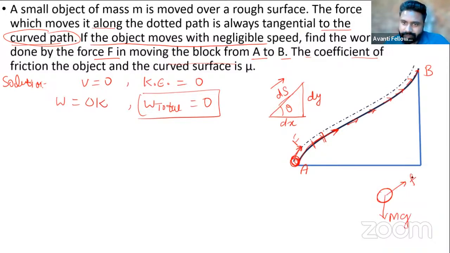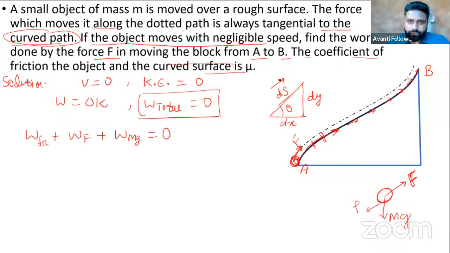This F is acting tangentially, the F that we have applied, and opposite to that there is a frictional force, because for this curved surface the coefficient of friction is provided to us. So work done by friction plus work done by capital F plus work done by mg force is equal to 0.